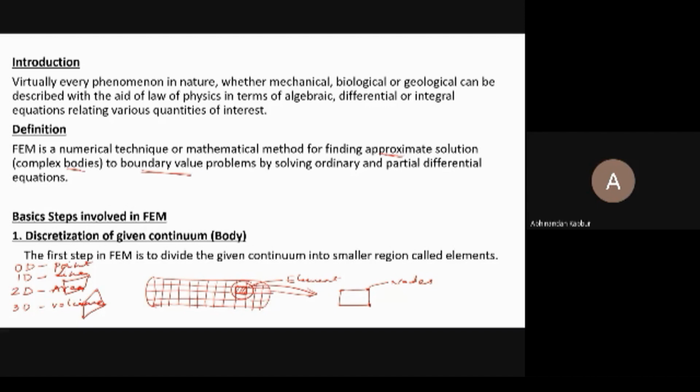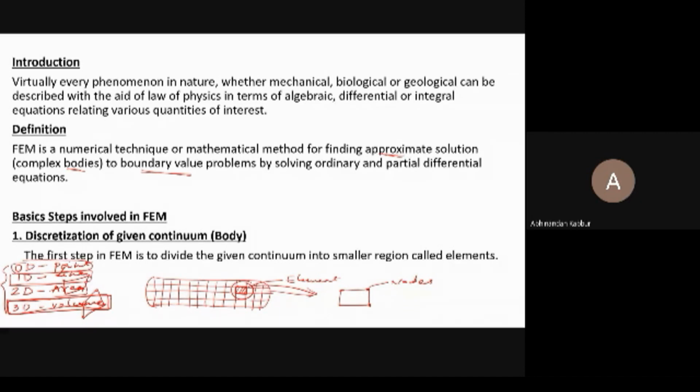See, whatever the bodies or objects which are available on the earth, they fall into the category of these 4. Either it may be 0 dimensional, or 1 dimensional, 2 dimensional, or 3 dimensional.